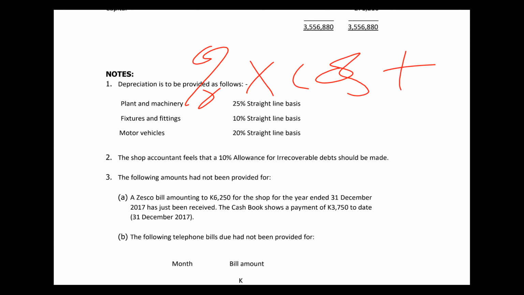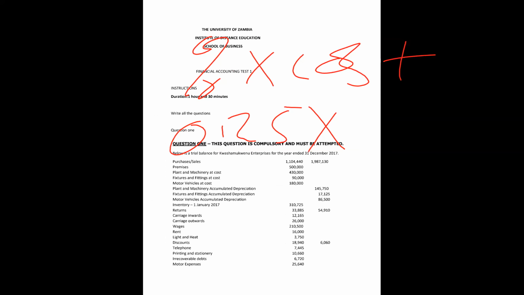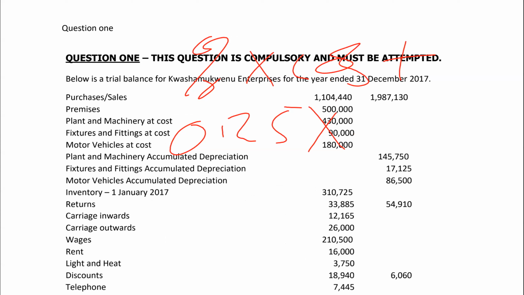So in that case, you say 0.25, which is 25%, eh? Times the cost of plant and machinery. That's the straight line method, okay? Of calculating depreciation. Plant and machinery, the cost is what? 145,750, right? 145,750. You can see it, isn't it?